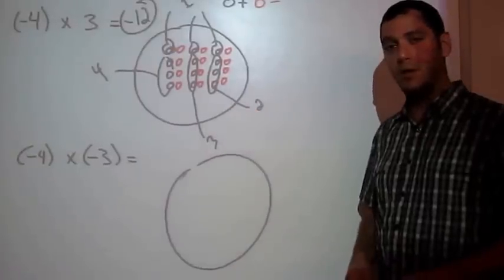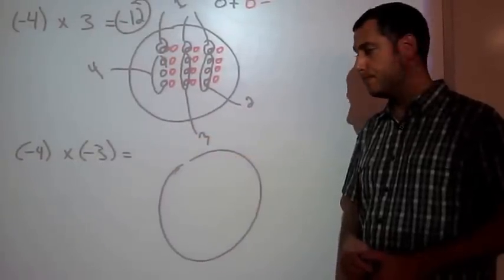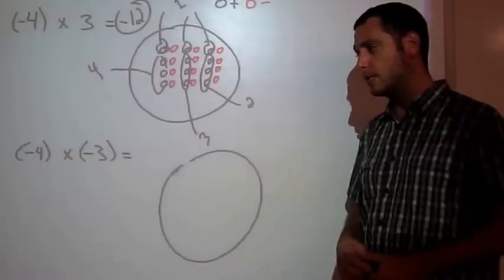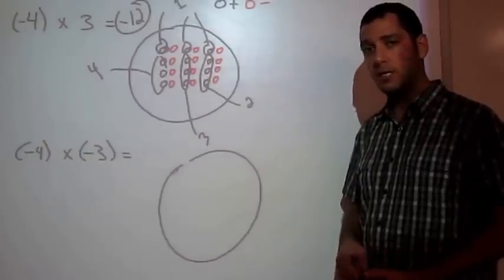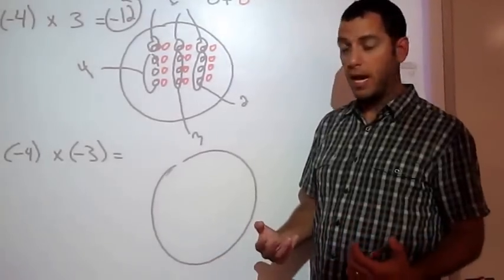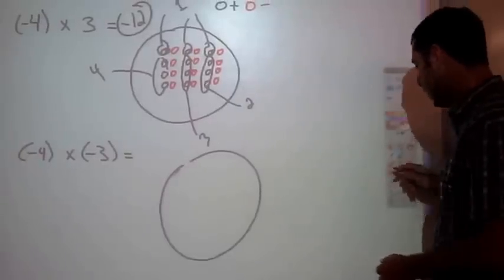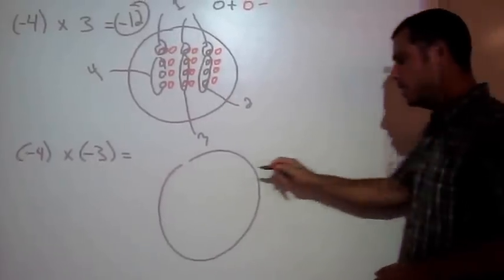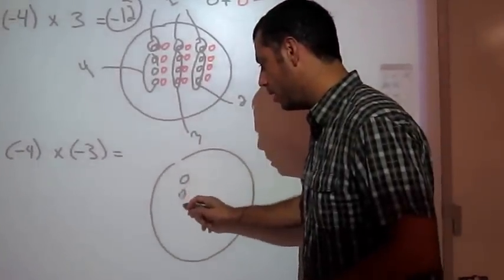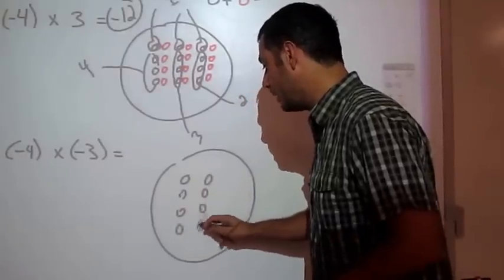We can use that same model for a problem where both of the integers are negative. So in this case, we are asked to withdraw 4 sets of negative 3. And in order to withdraw anything from this bank, we have to make a deposit. We're going to deposit 0 pairs. So deposit as many 0 pairs as it takes so that you can withdraw what you need to withdraw.